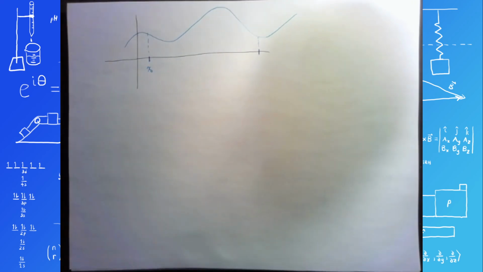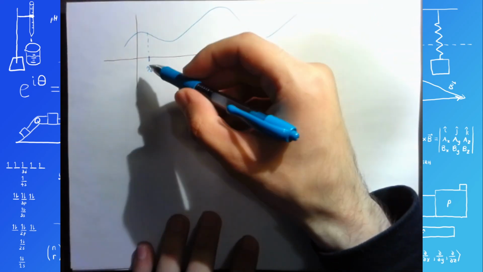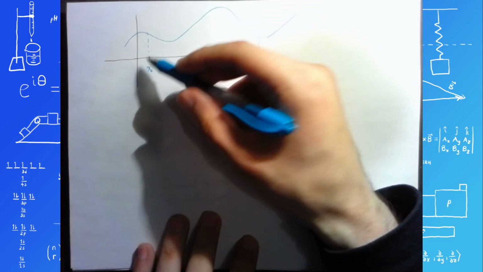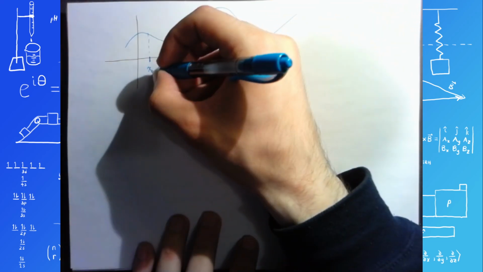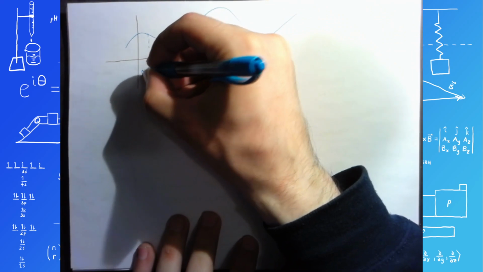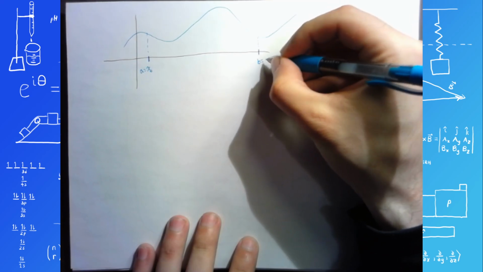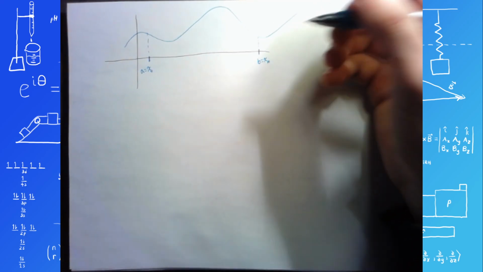So I want to cut up the area between these 2 points. I would call this A equals x0, and this B equals, we'll just call it xn.